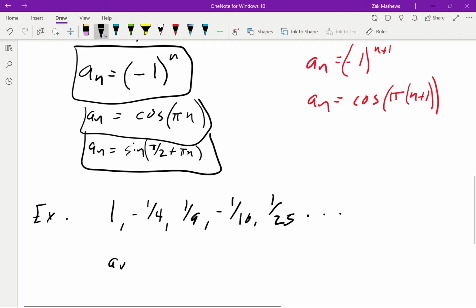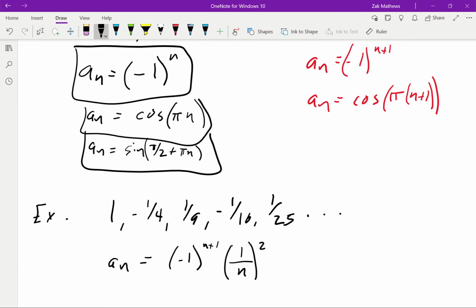So I could write this as negative 1 to the n, but remember, negative 1 to the n would start at negative 1, so we need to use that plus 1 here. And then times, well then we'd have 1 over n squared.